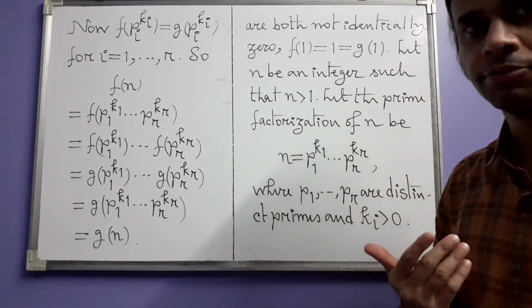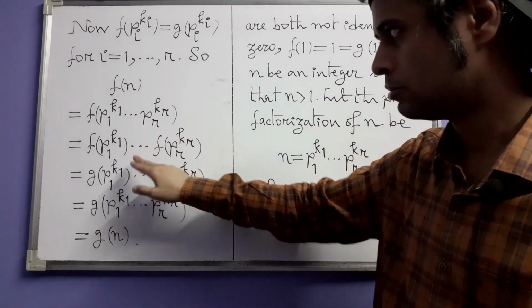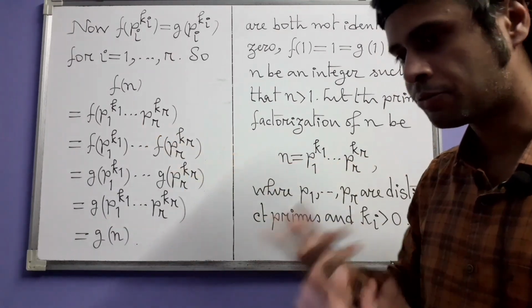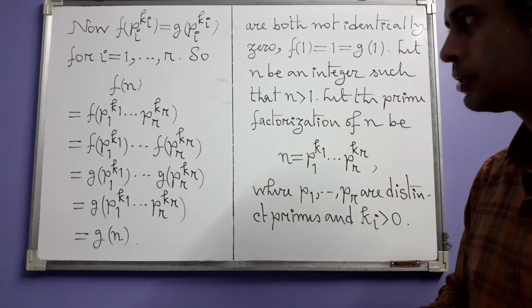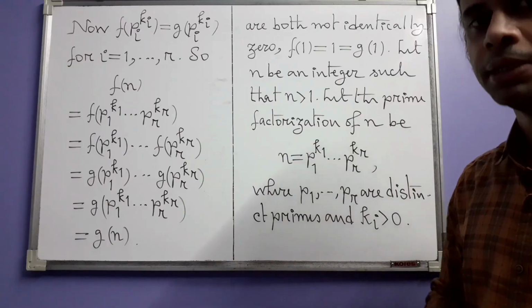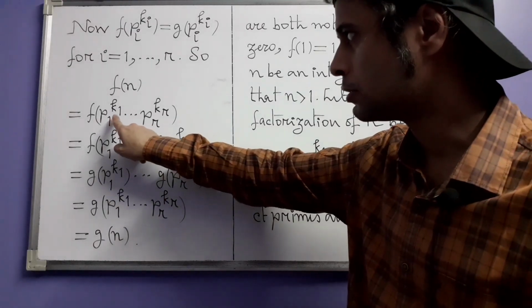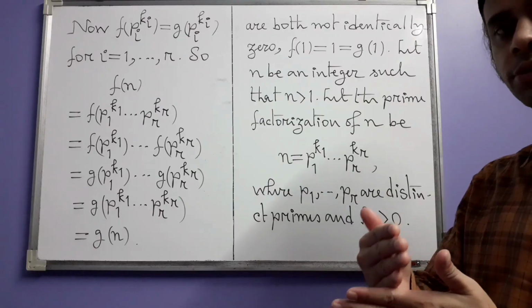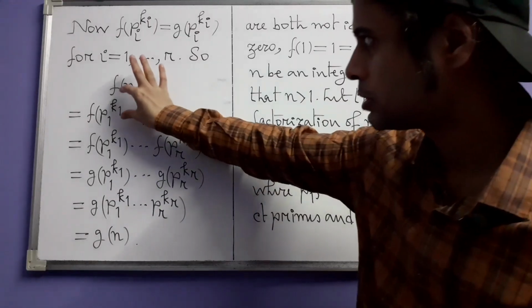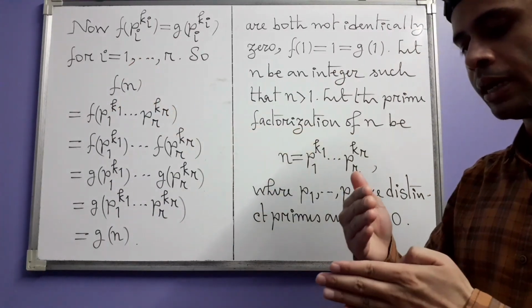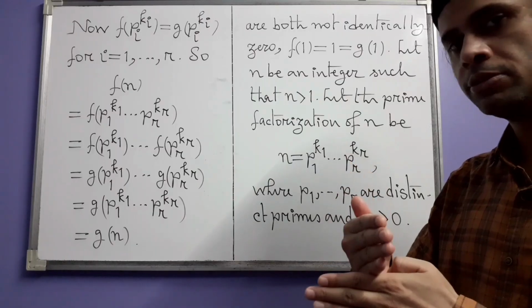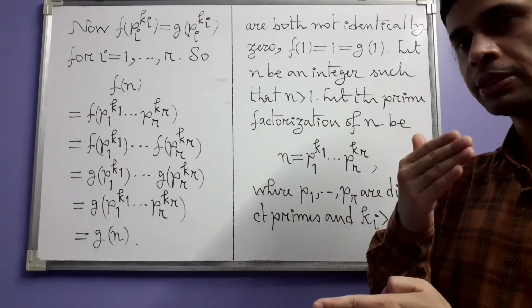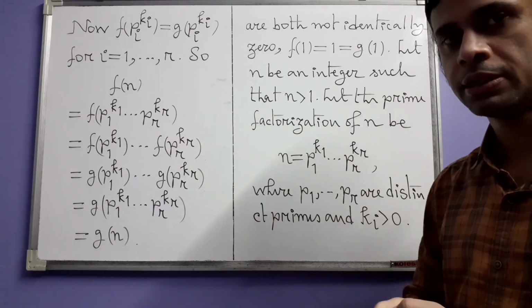It's an extended version. You don't get it at once from the definition itself, but you apply that repeatedly. So first you think of this product as the product of two numbers. One of them is p1 to the power k1, the other one is the product of p2 to the power k2, p3 to the power k3 all the way up to pr to the power kr.